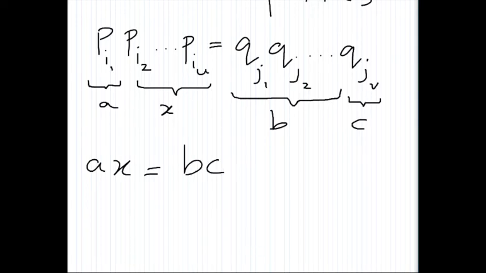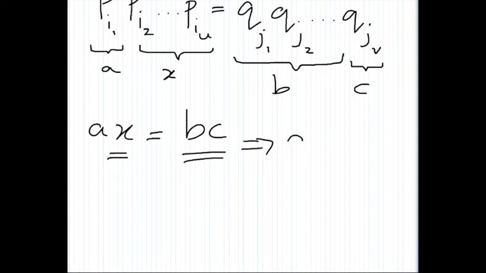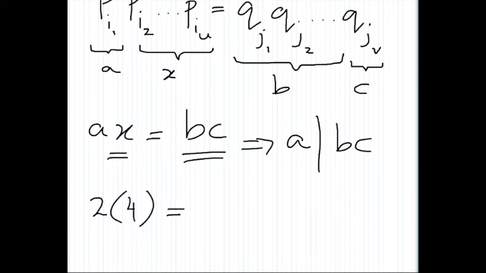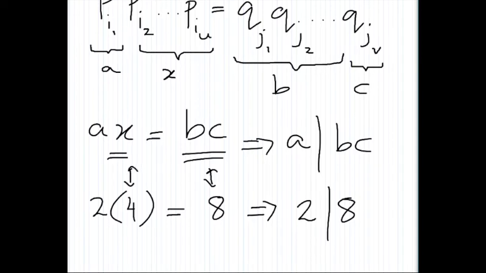Since a times some integer is the product bc, a divides bc. As a simple example, if 2 times 4 is 8, then 2 divides 8. So 8 corresponds to our bc, 4 corresponds to x, and 2 corresponds to a.